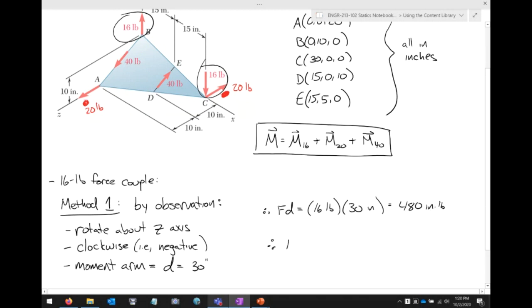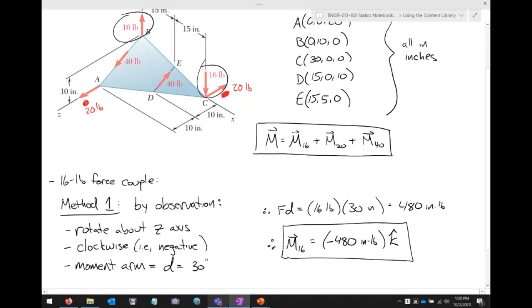So therefore, the moment generated by that 16-pound force couple is just going to be minus 480 k. Why k? Because we said it was about the z-axis. And there you go.